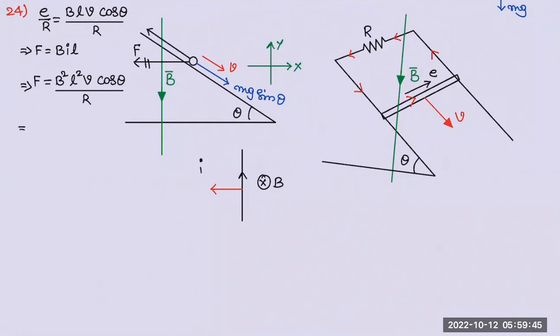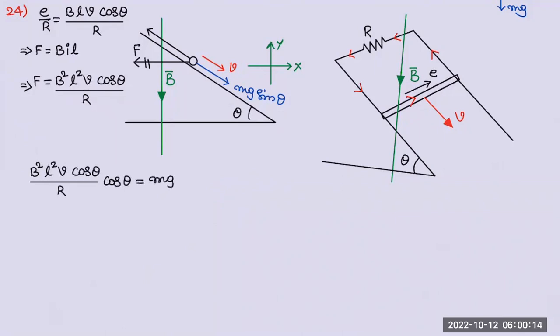That implies this F cos theta must be equal to mg sin theta.